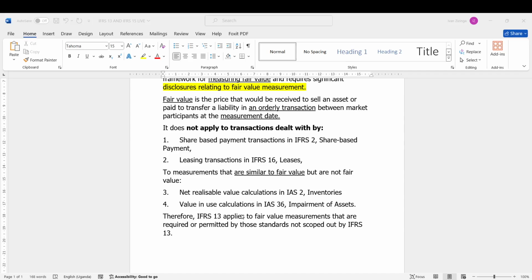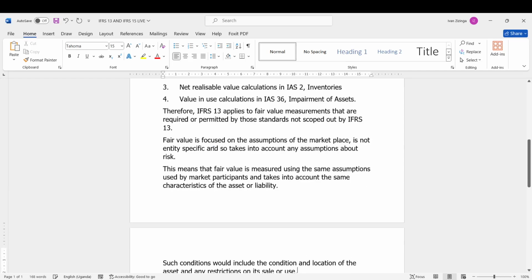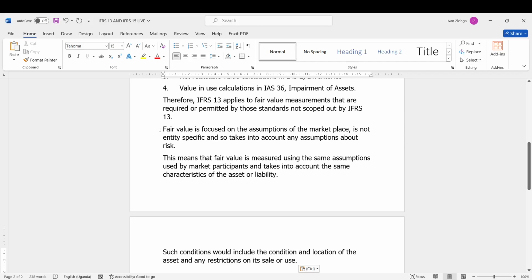That is a very important statement, because in most of your questions you'll find it embedded there. The examiner will try to show that an entity wants to influence the fair value that they can receive for their asset by putting into consideration what they feel is the use of the asset and the worth of the asset.